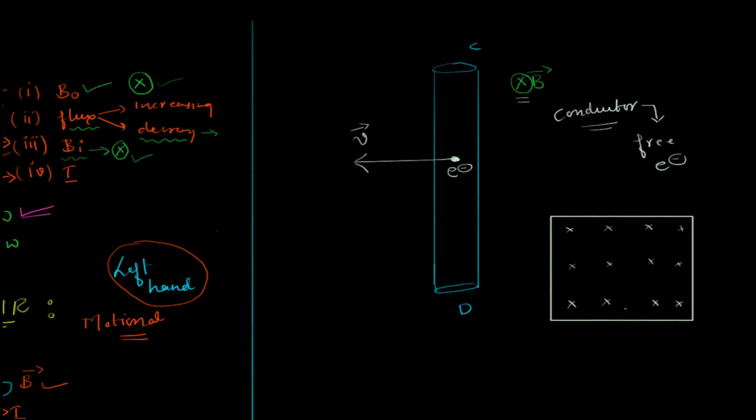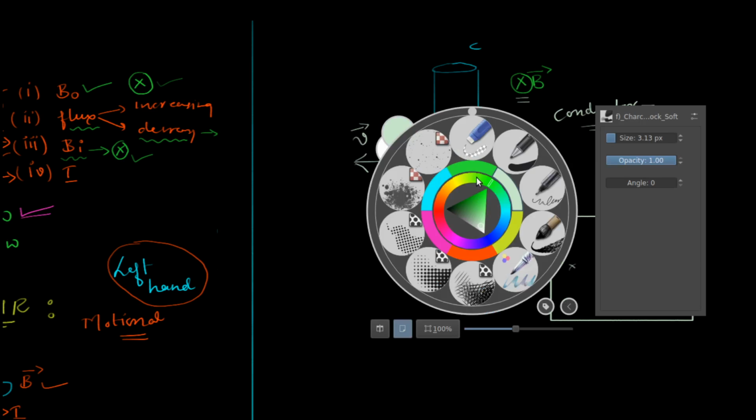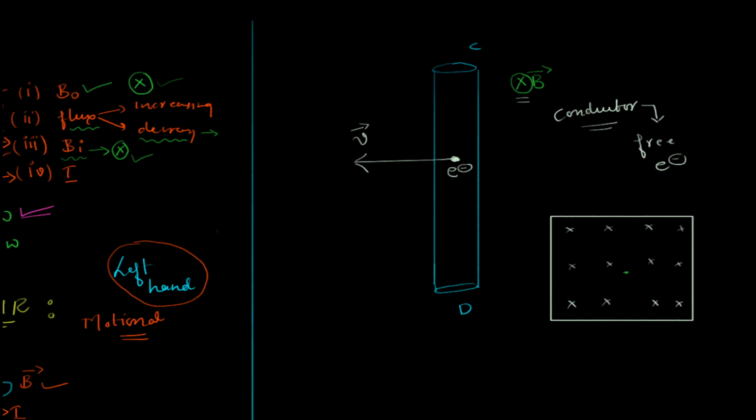So I have a region where the magnetic field is inside. I have an electron which is in fact moving in this direction. Oh wait, with this the electron is going to experience a force in this direction. The force experienced by the electron will be opposite to the force experienced by a positive charge.